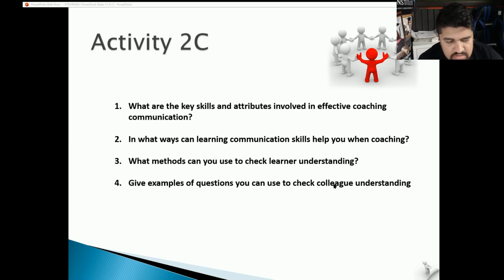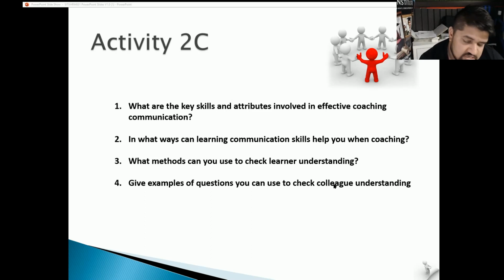A certain way could be giving them a multiple choice question, meaning you could give them a certain scenario and then give them 3 or 4 answers with one correct answer and 2 or 3 other incorrect answers, and see if they pick the right one or not.